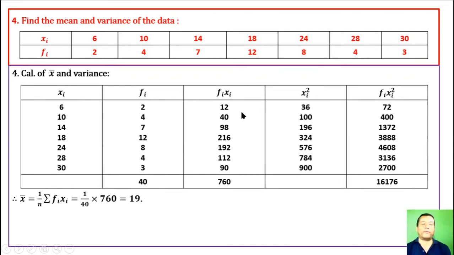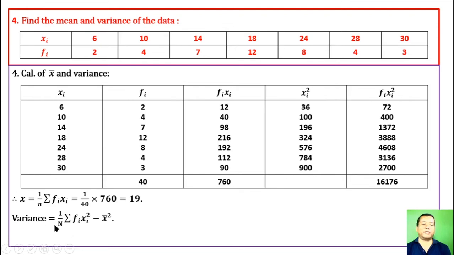For the mean, we make a column fi xi, and for the variance we find xi square and fi xi square. We sum these columns. Mean is 1 by n summation of fi xi, where n is 40. Summation of fi xi is 760. We divide by 40 and get 19, which is the mean.